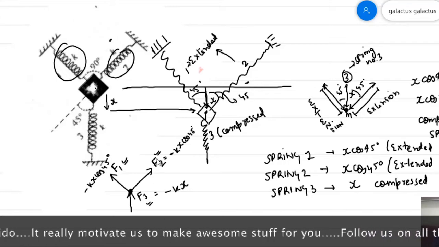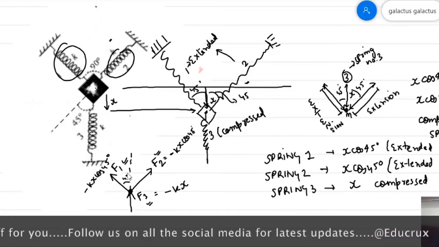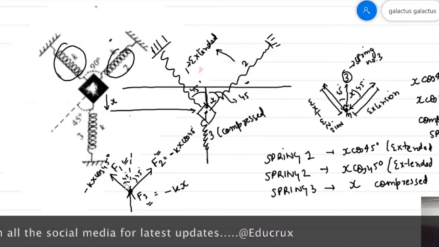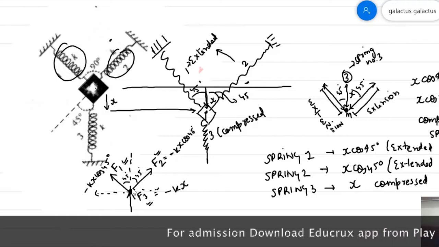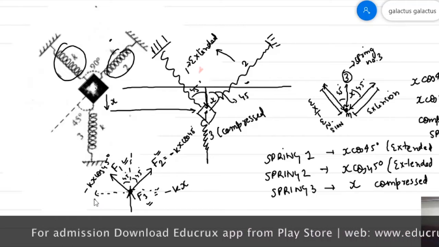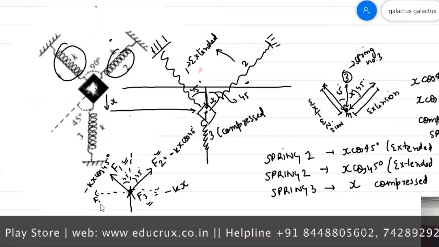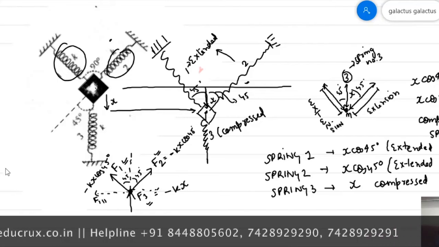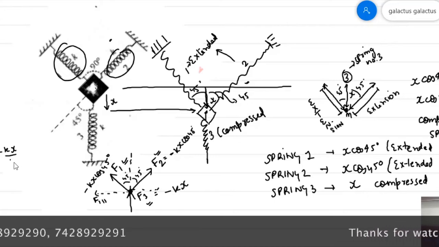Let us say I resolve, this is vertical and this is 45 degrees and this is also 45 degrees, and this is minus kx cos 45. The horizontal components of F1 and F2 will cancel out. F1 parallel will be equal to minus kx by root 2.